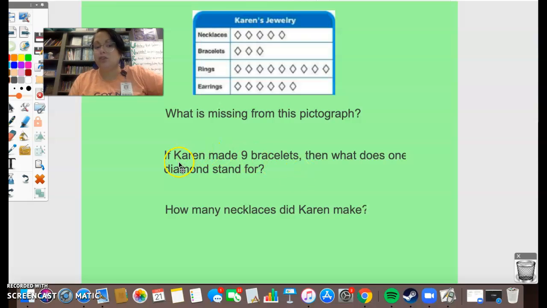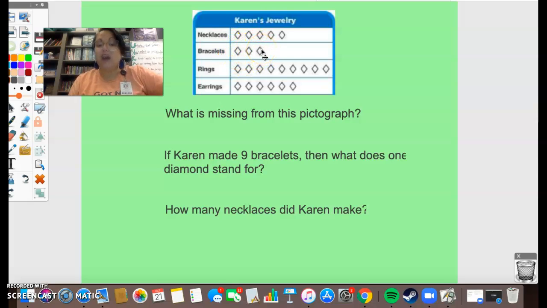Now they're giving us a clue. If Karen made, here's Karen, this is her jewelry. If she made 9 bracelets, then what does 1 diamond stand for? So let's find bracelets. If she made 9, I'm thinking it's 3s. 3, 6, 9.